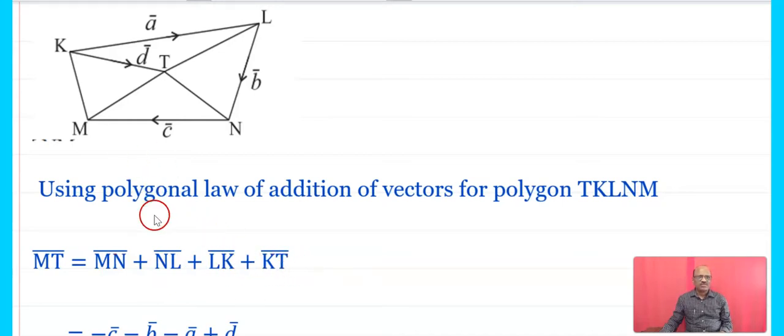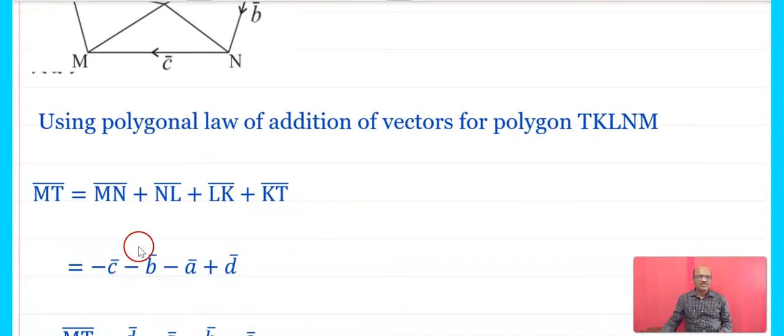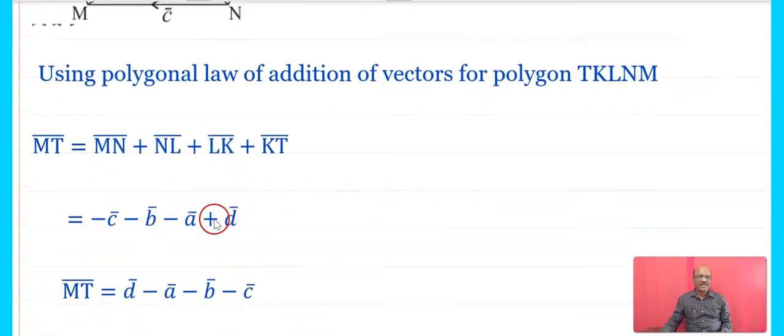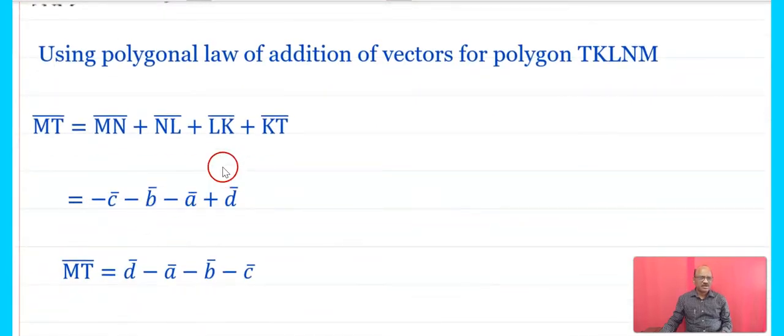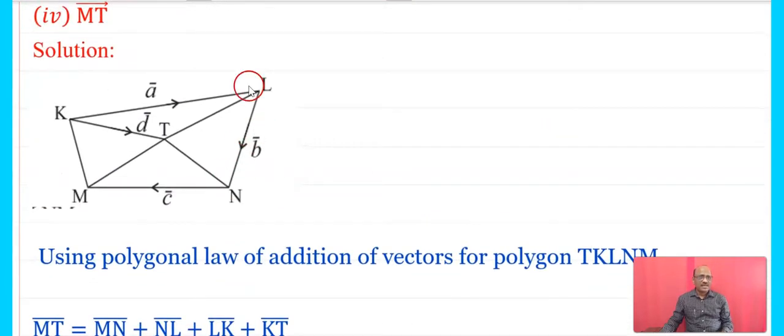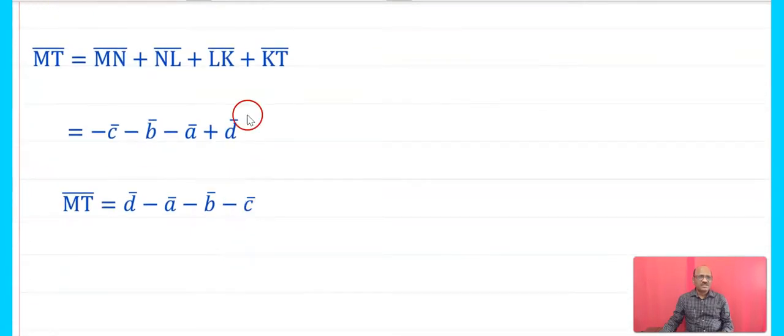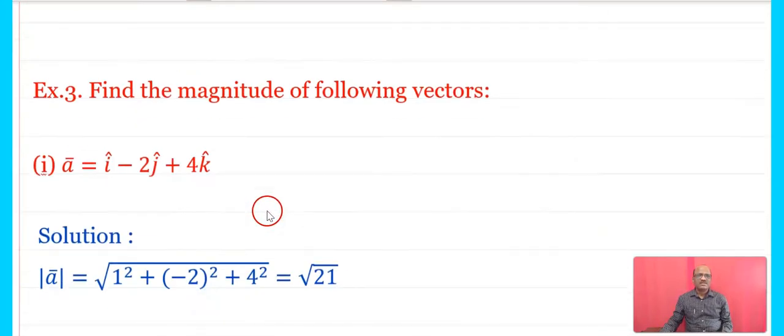First of all, MN is minus c bar, and NL is minus b bar, and LK is minus a bar, and KT is d bar. In this way, MT bar is equal to d bar minus a bar minus b bar minus c bar.